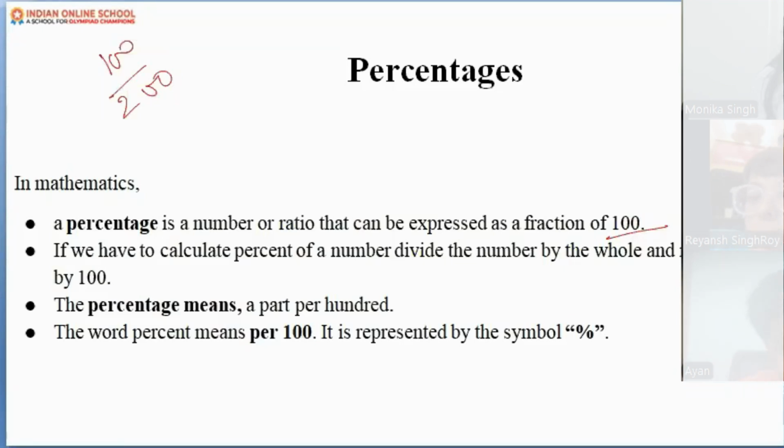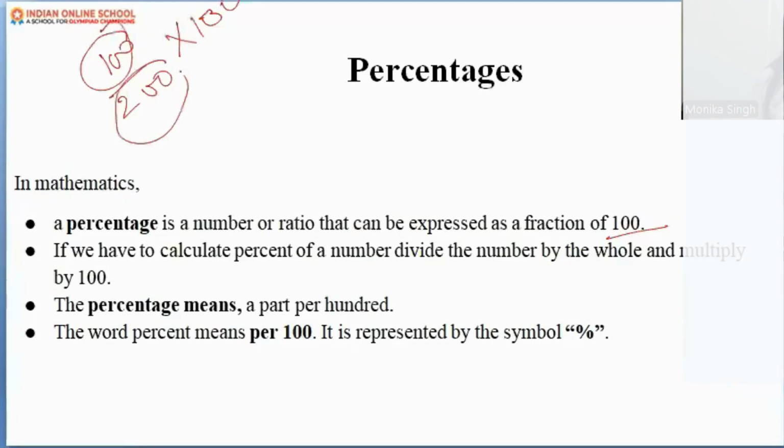We will multiply it by 100. The number we have got and the total number out of which we got, multiplied by 100. This is how we take out percentage of any number.